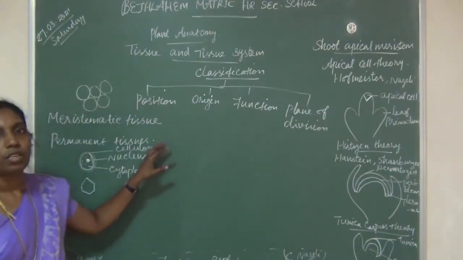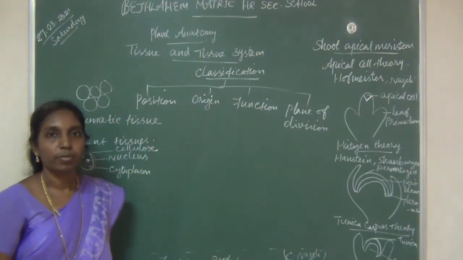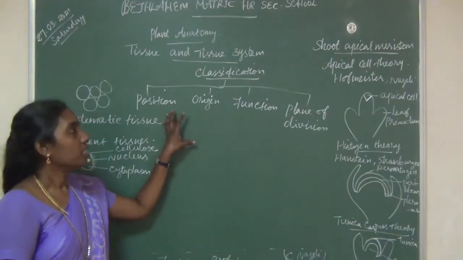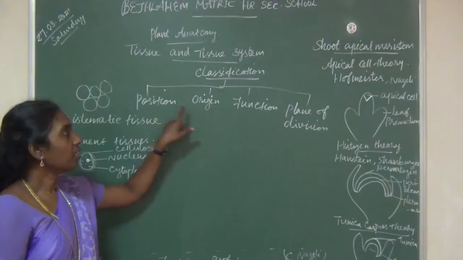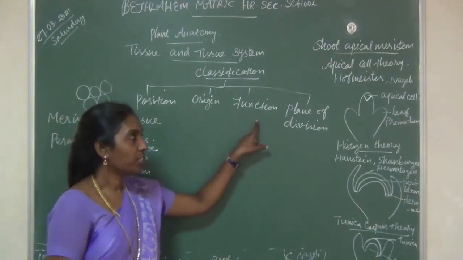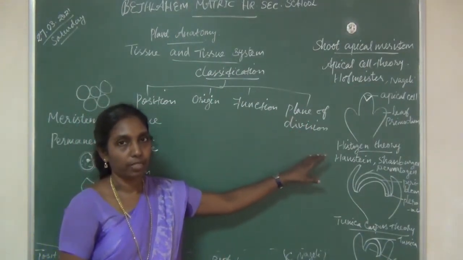Meristematic tissue is classified into different categories based on position, origin, function and the plane of division.